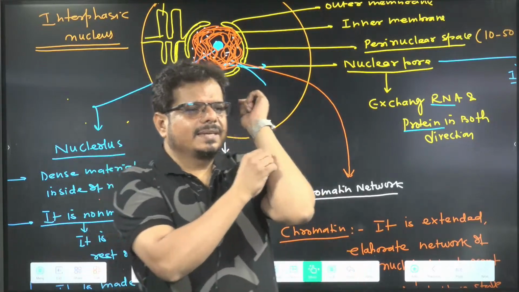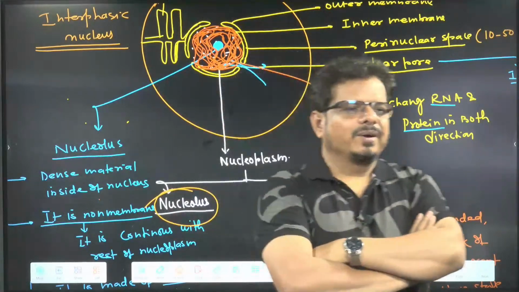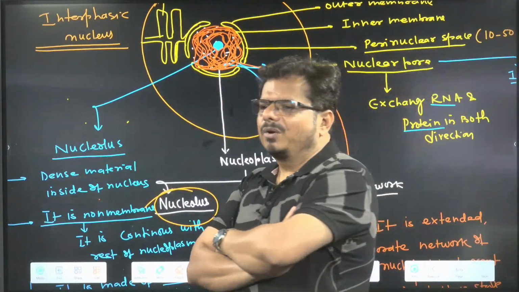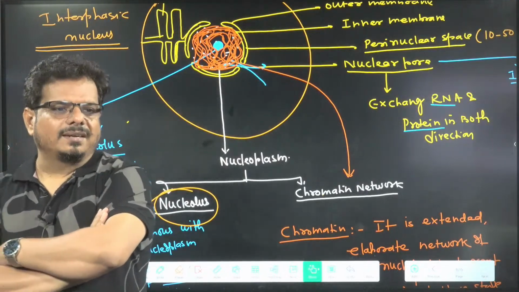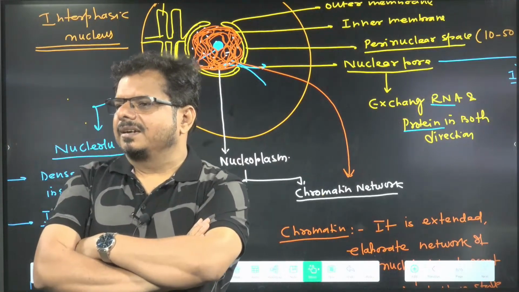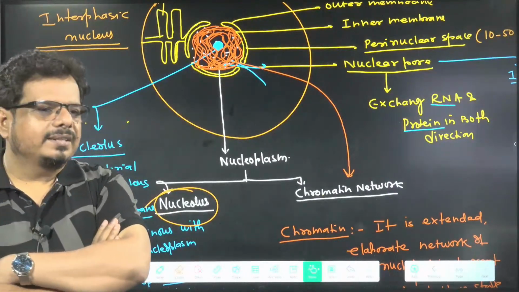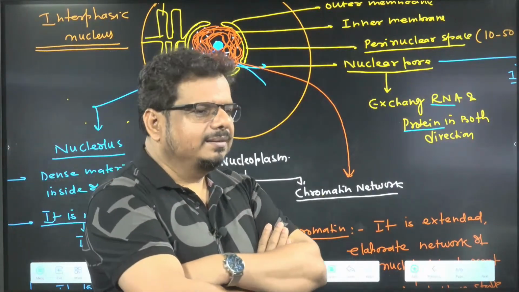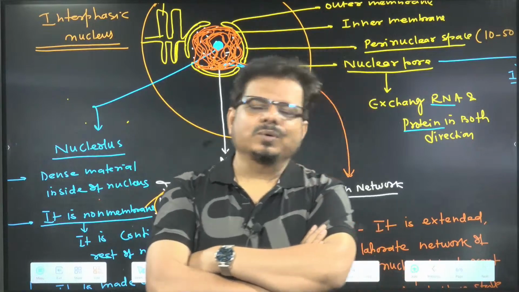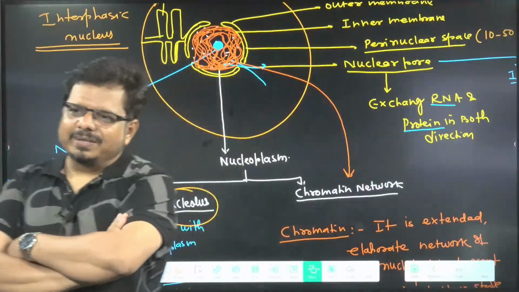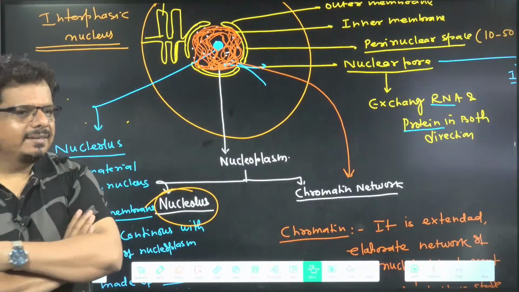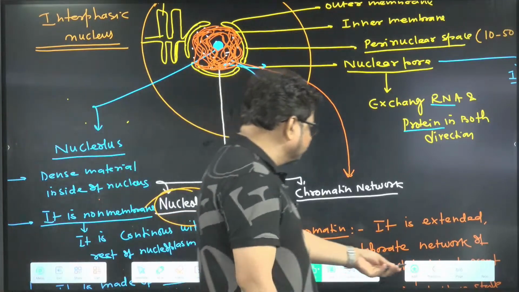If I remove a cell from your body and I want to count the number of chromosomes, how many chromosomes are there? So now correct answers start coming. Sir, 46, 23 pairs. Okay, very good, well done. So 46 chromosomes are there. Getting the things? Do you know what is the difference between chromosome and chromatin? I am telling you.